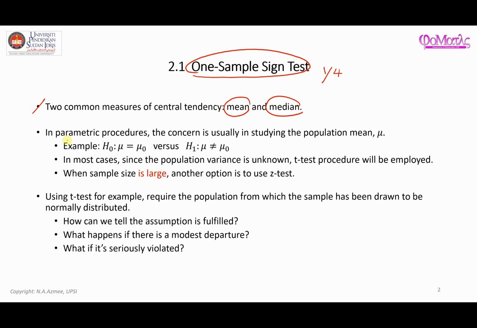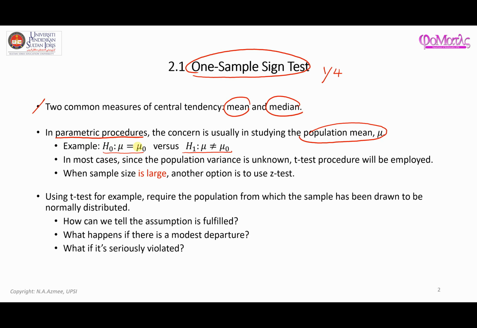And I'm sure you are already familiar with parametric procedures, and this procedure here is usually concerned in studying the population mean. For example, this could be the hypothesis that you are interested to look at.